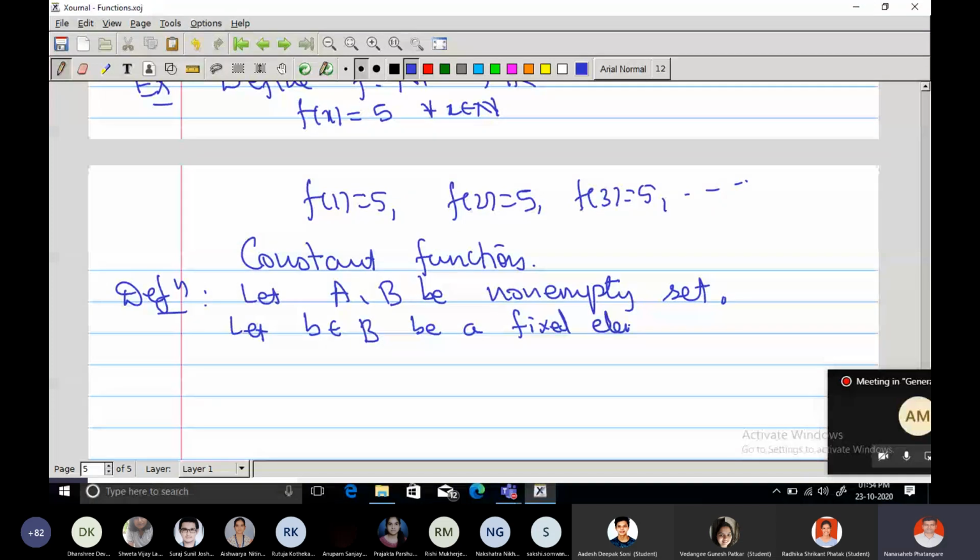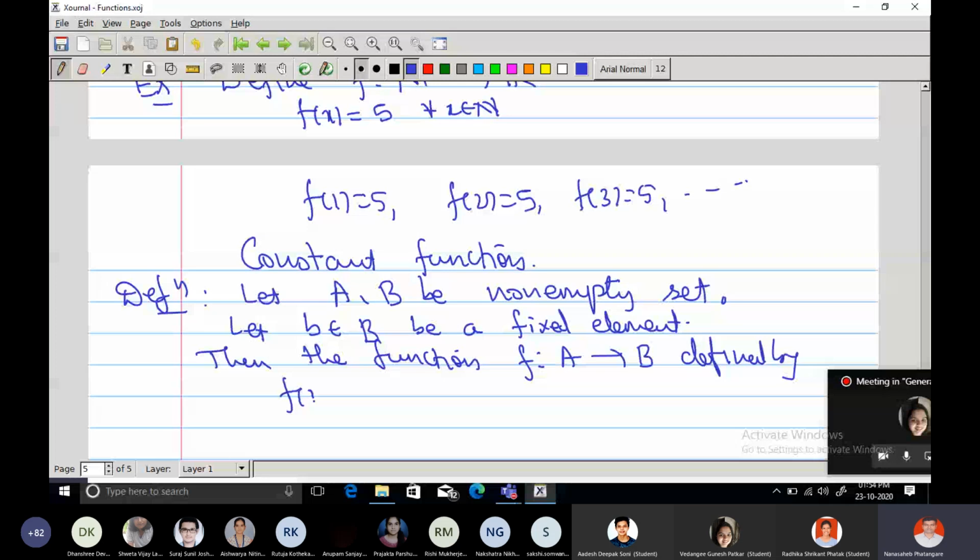So fix some member of B. Then the function f from A to B defined by f of x is equal to b for each x in A. So you just fix an element of the codomain and assign all the elements in the domain to that fixed element.